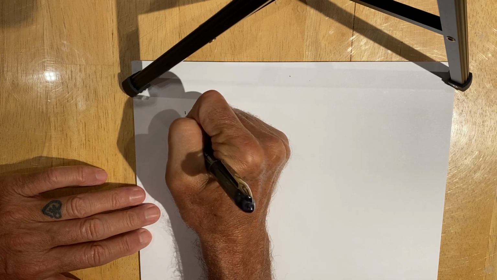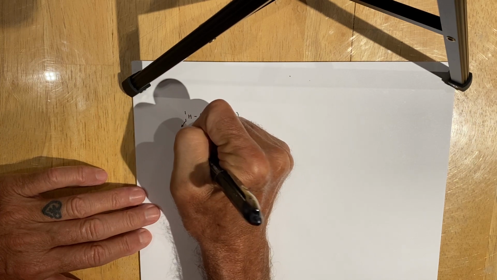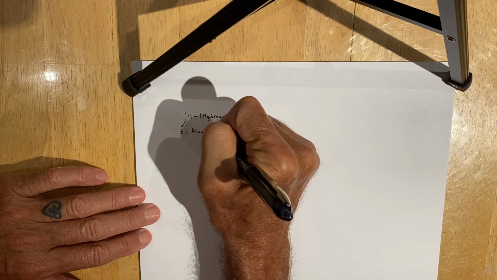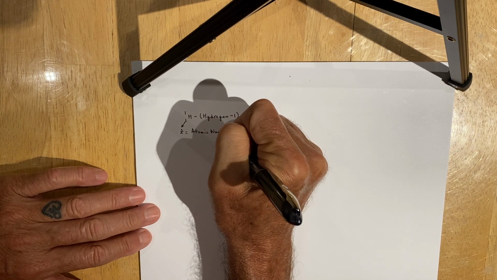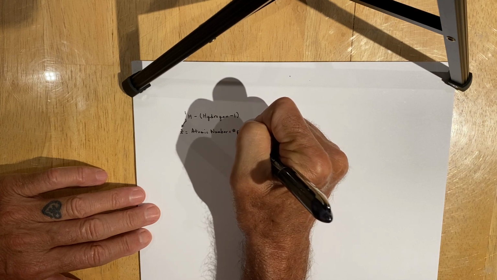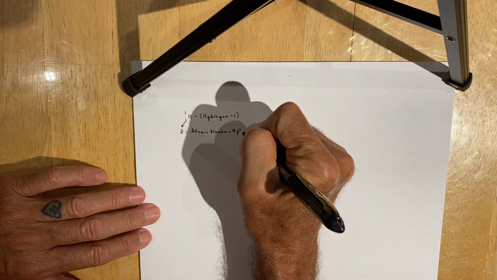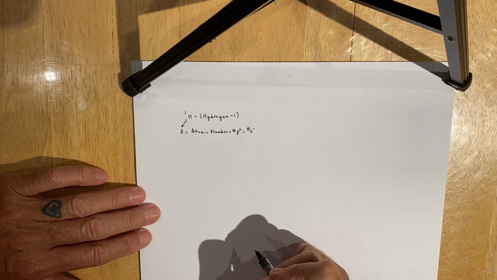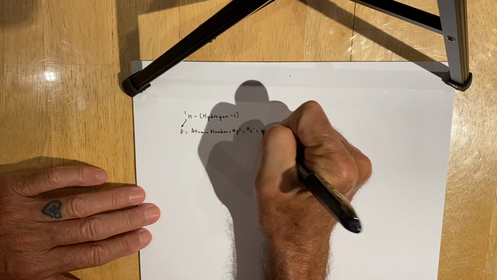The 1 here represents the Z value, which is equal to the atomic number, which is equal to the number of protons, which are positively charged, which equals the number of electrons, which are negatively charged, which in this case is 1.